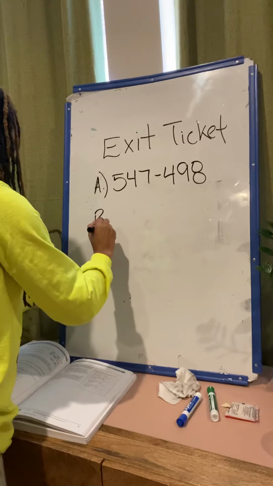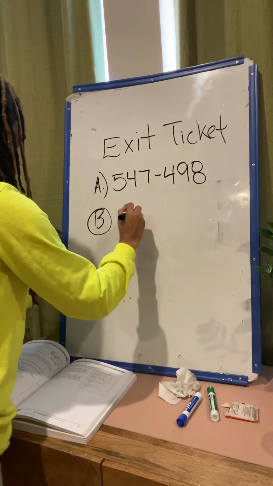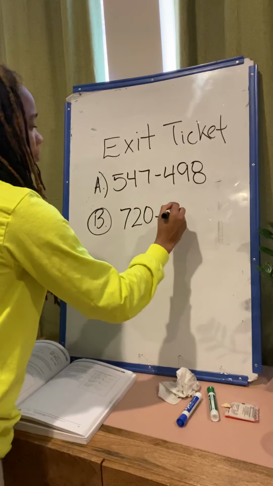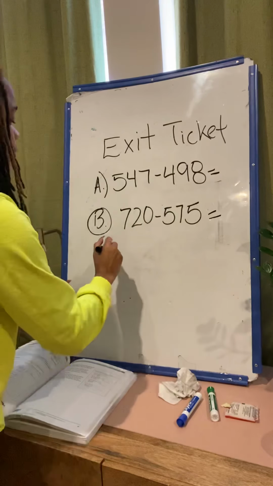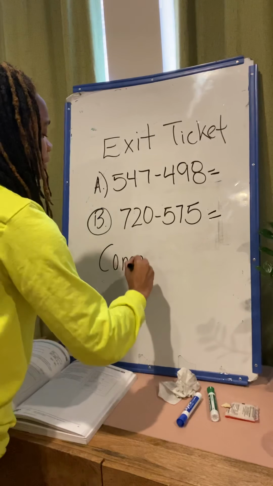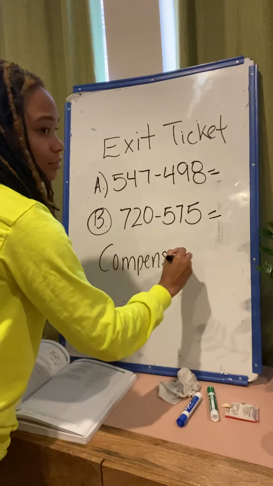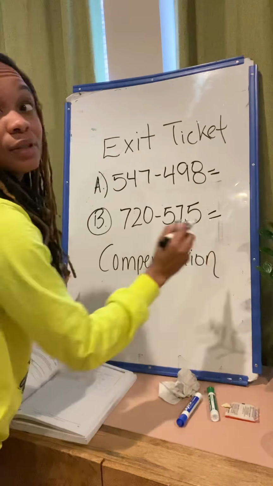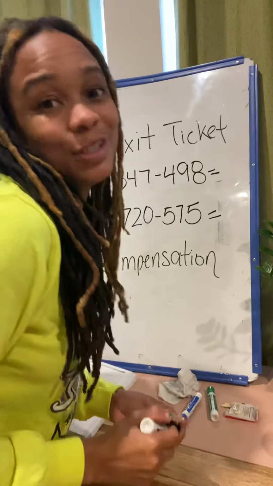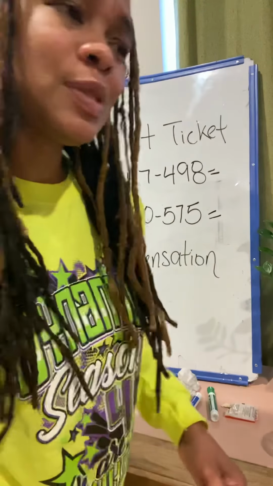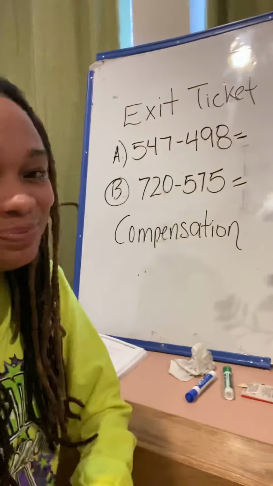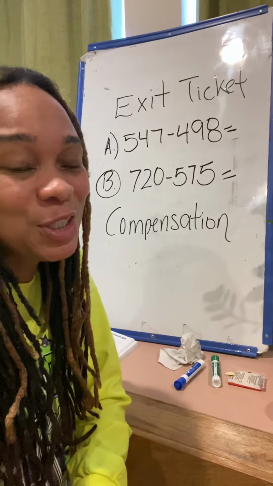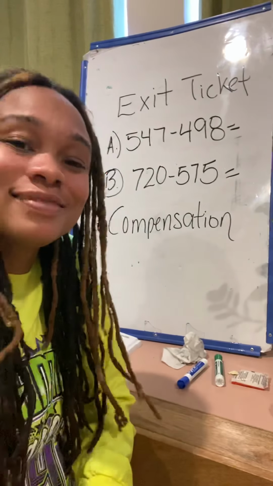And B, 720 minus 575. And I want you all to use compensation. I know you all love to use the arrow way or new groups below or number bonds, but for this problem, I want you all to use compensation. Don't forget to submit your work to me. Enjoy.